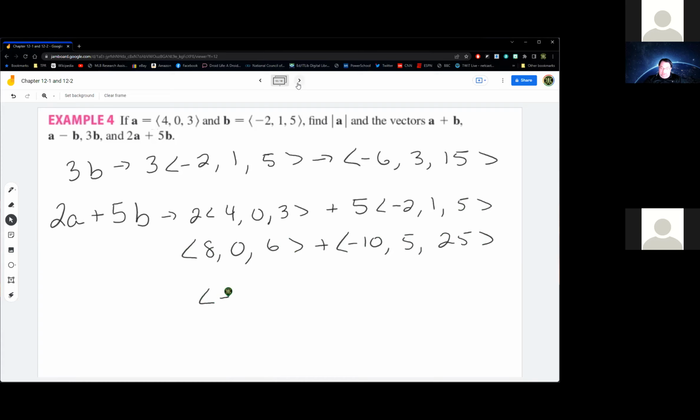So we'll have negative 2, 5, and 31. And then that would be the final one. So the order of operations still kind of applies to this, do the multiplication before we do the addition. Any questions with these?